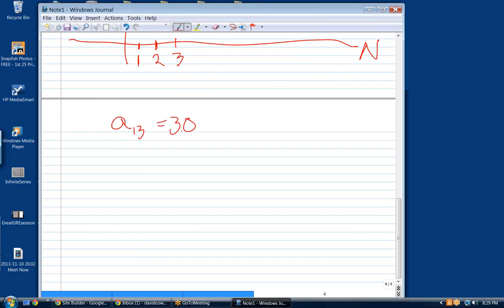In other words, the 13th term of this sequence is 30. The common difference is 3 halves. Write a rule for the nth term and graph it.